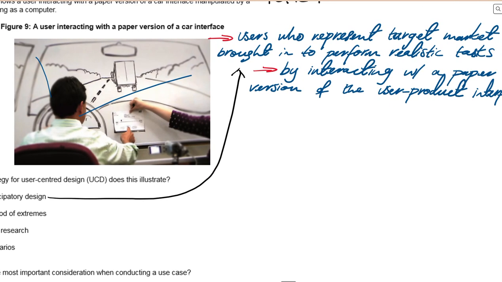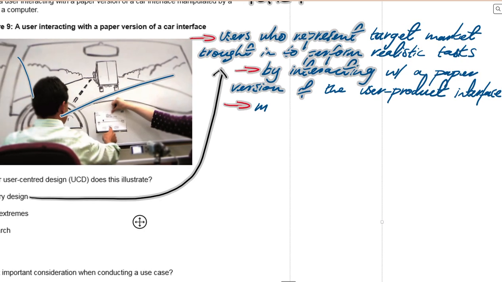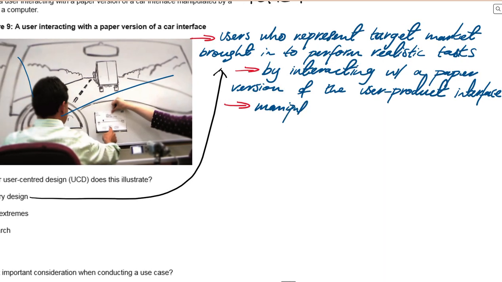And beyond that, this is a user product interface manipulated by a person, right? And we see this person here. This is probably one of the designers, right? Manipulated by a person who sort of acts as if they were the software or the computer.